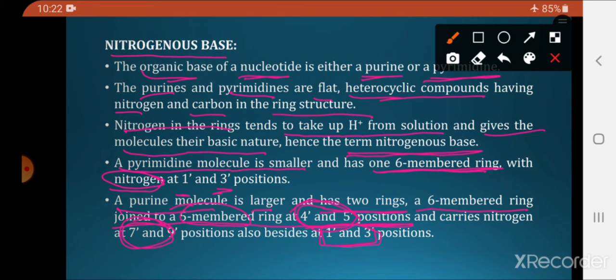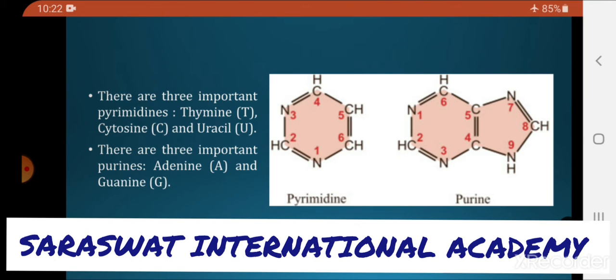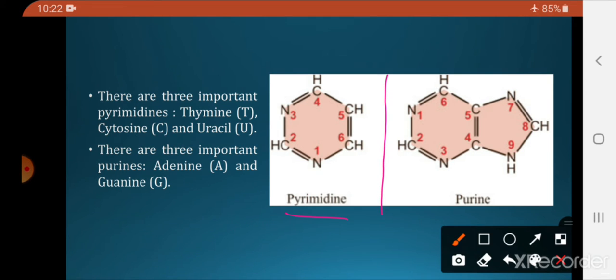Whereas a pyrimidine molecule is a smaller molecule which contains only one 6-membered ring with nitrogen at 1 and 3 positions. See students, here you can see a difference between a purine and pyrimidine. This is a pyrimidine having how many rings? It is having only one ring with nitrogen at position 1 and 3. Remaining you can see that they are having a carbon, whereas purine is having 2 rings.